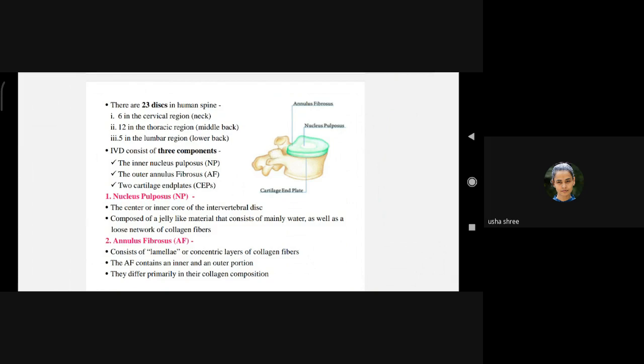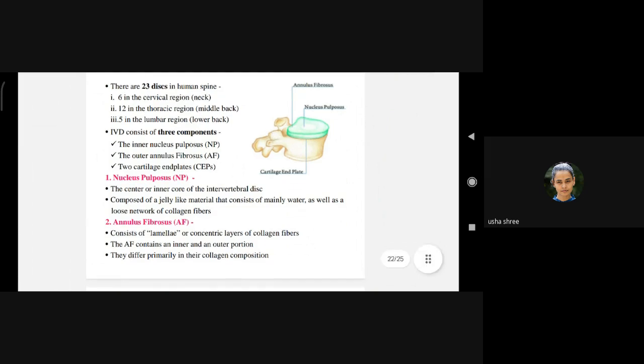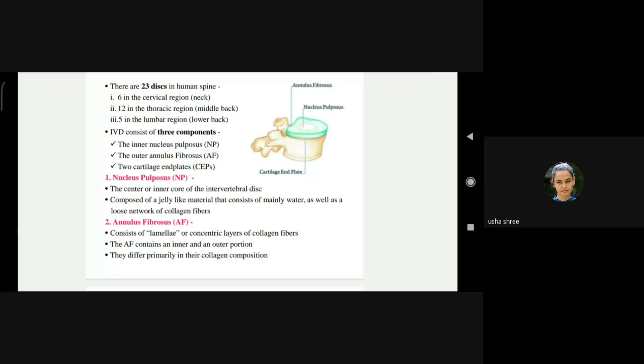Now, the intervertebral disc consists of three components. The inner nucleus pulposus. As we studied in the cell, in the middle of the cell we have a nucleus. Like that structure, we can see here a similar structure.